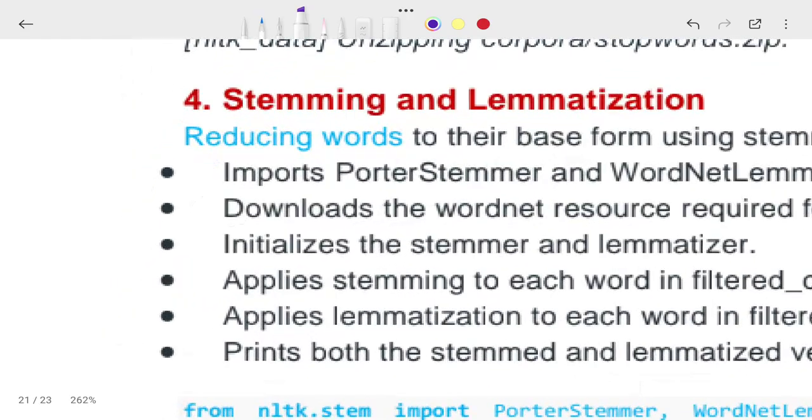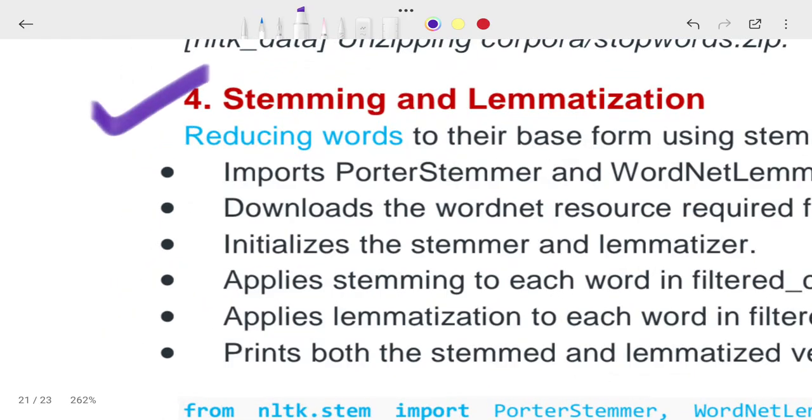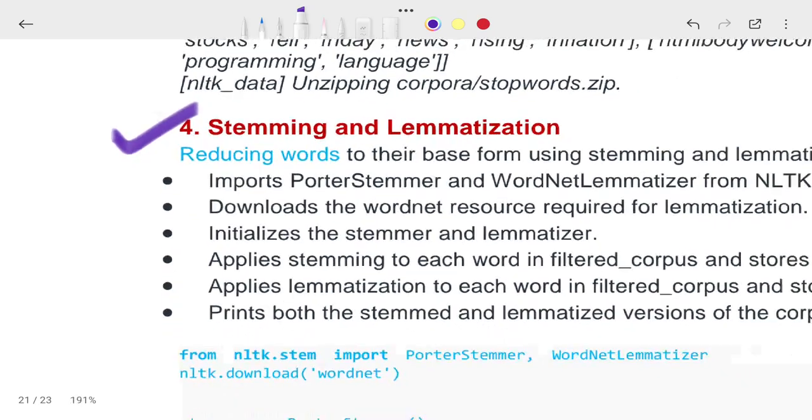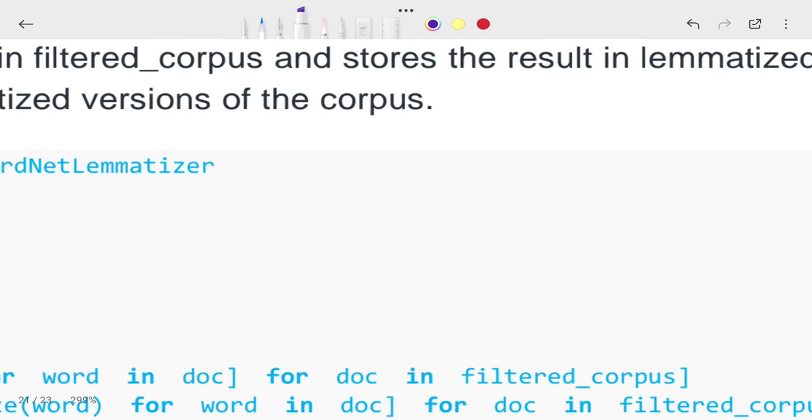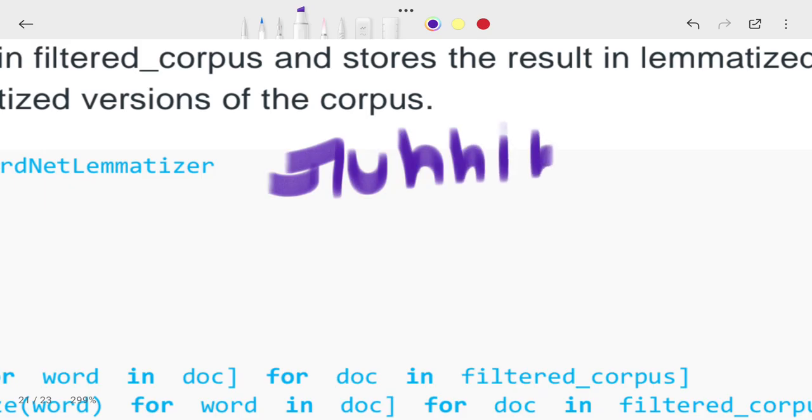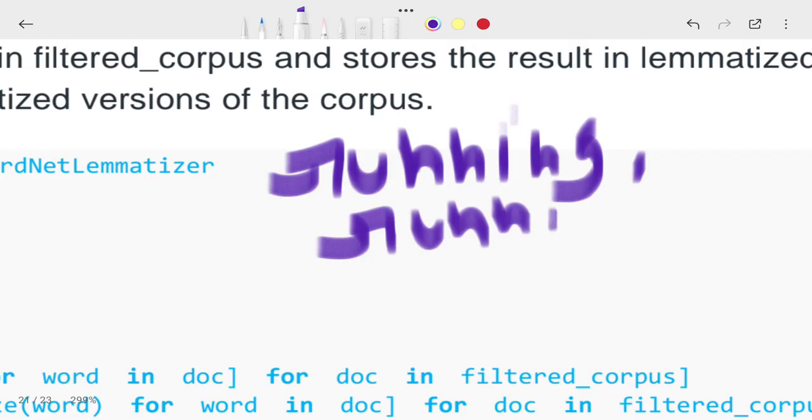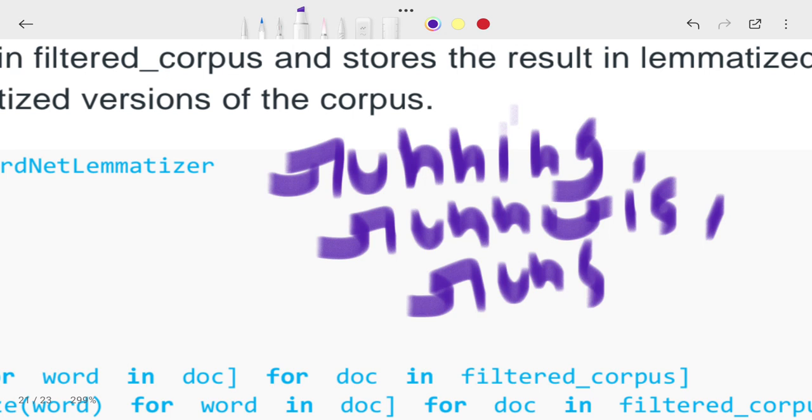Now next, this is very important: stemming and lemmatization. What is the meaning of lemmatization? Lemmatization is the process of reducing words to their base or dictionary form. What is the meaning of this? Suppose I am writing first "running", second "runners", third "runs". Suppose different words like these are in a text.